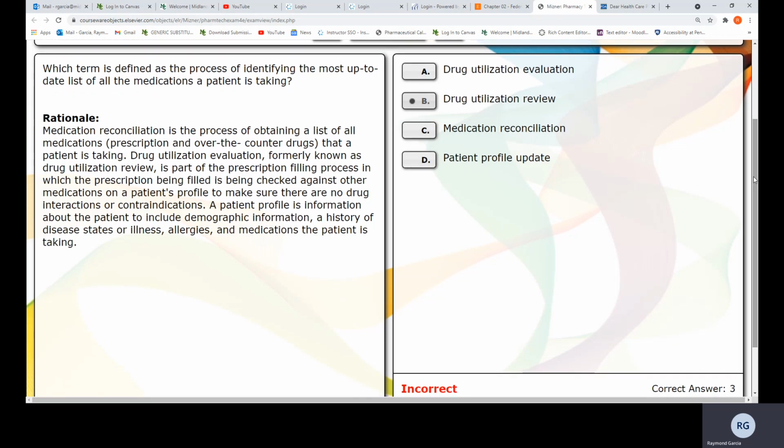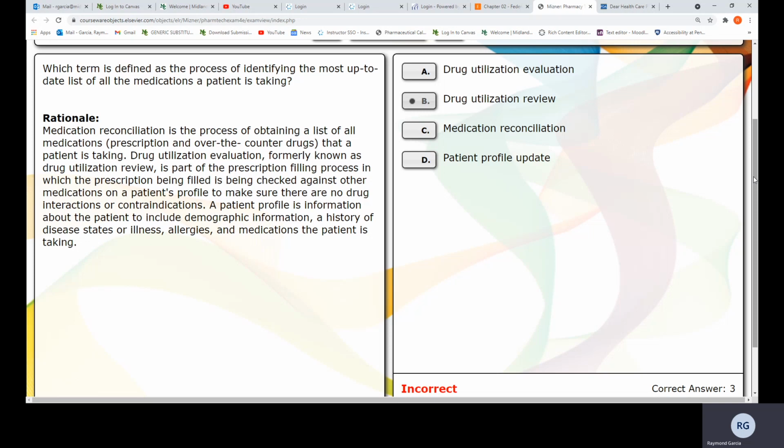Medication reconciliation is the process of obtaining a list of all medications, prescription and over-the-counter drugs, that a patient is taking. Drug utilization evaluation, formerly known as the drug utilization review, is part of the prescription filling process in which the prescription being filled is checked against other medications on a patient's profile to make sure there are no drug interactions or contraindications.